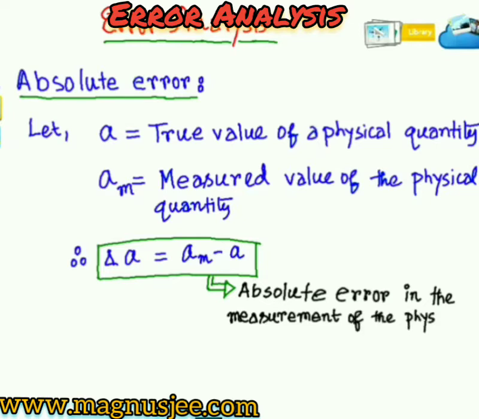That means delta A equal AM minus A. Number two topic is what we have to know, what is a relative error. Relative error.